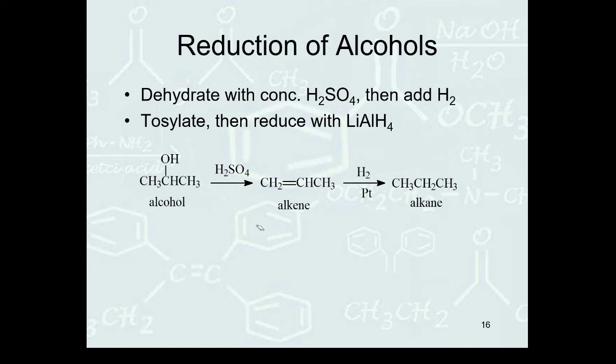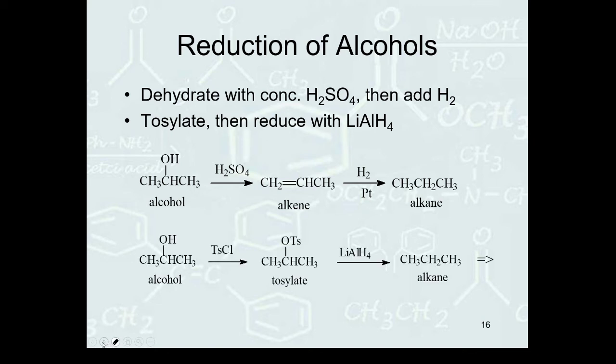If I want to turn my alkene back into an alkane, we've already talked about this enough times that I just need to add hydrogen with platinum or palladium, some metal catalyst to get us there, silver, and so on. If we do this with an alcohol and then tosylate it, I can get it to an alkane with lithium aluminum hydride after I create the tosylate.